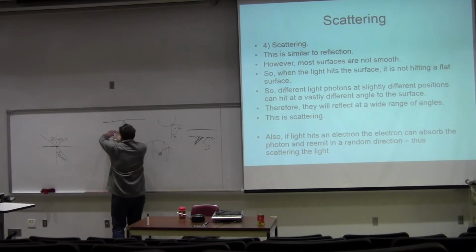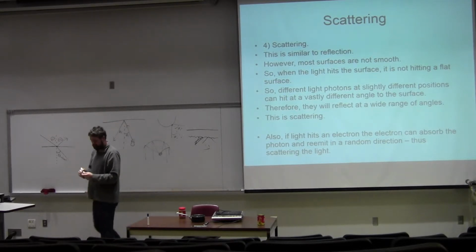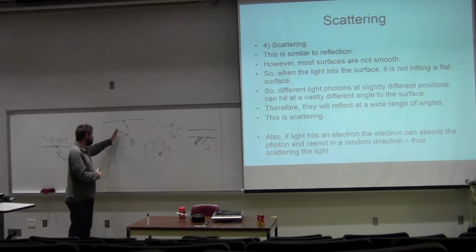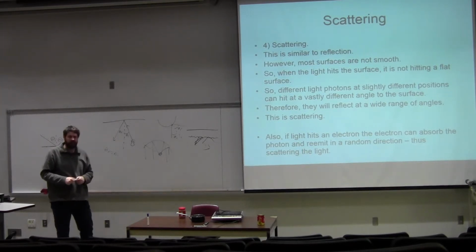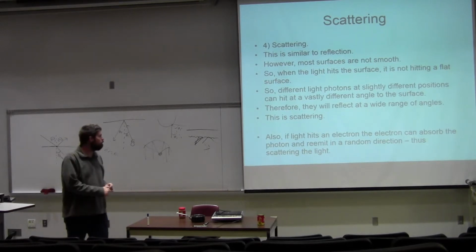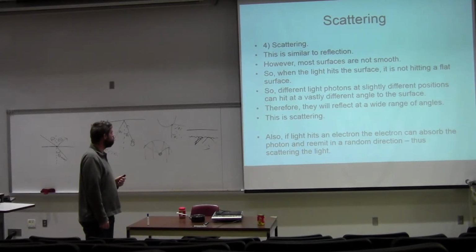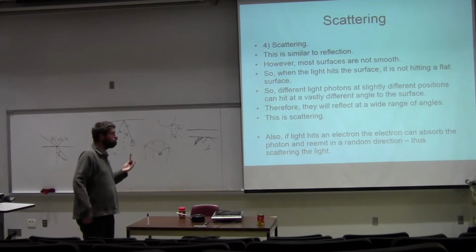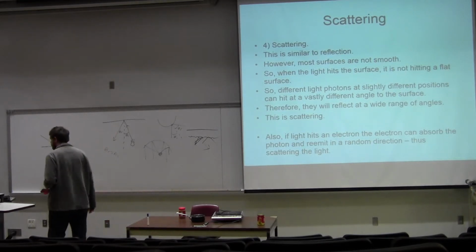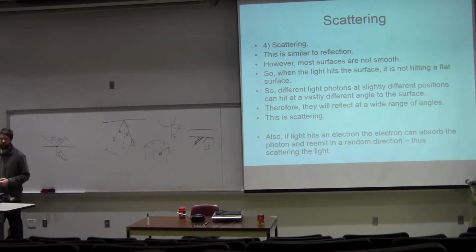It'll actually be scattered as a function, with this being the maximum peak, and you'll get light everywhere else. We call this glare sometimes. You can read the rest of it. There's some interesting stuff there I'm not going to talk about. And that's all I'm going to talk about scatter. It's just reflection, realistic reflection, whereas the plane here is more of an idealized reflection.